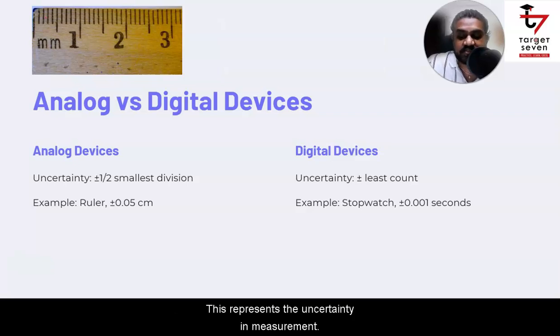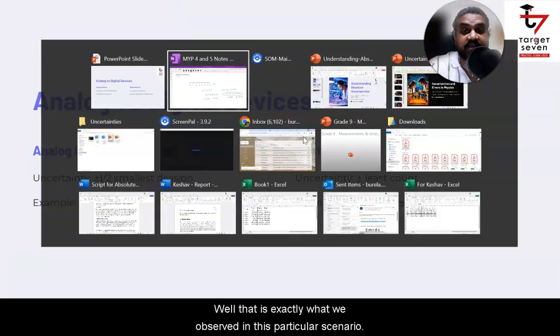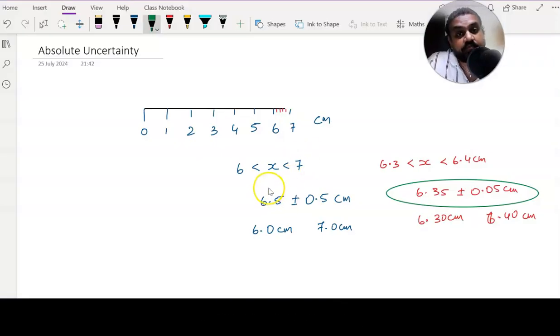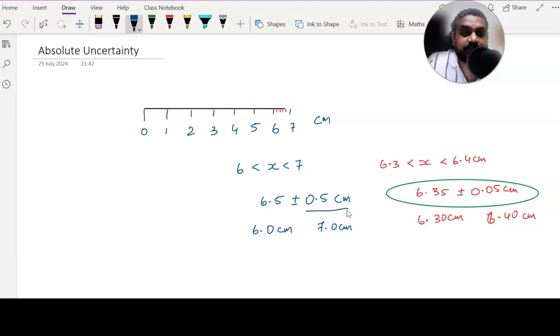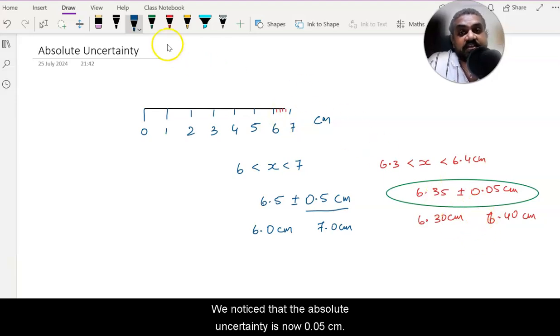This represents the uncertainty in measurement due to the smallest interval that can be reliably read. Well, that is exactly what we observed in this particular scenario. The one mentioned in blue, the least count is 1 centimeter. Therefore, the absolute uncertainty is expressed as plus or minus 0.5 centimeters. While on the other hand, with finer graduations, we noticed that the absolute uncertainty is now 0.05 centimeters.